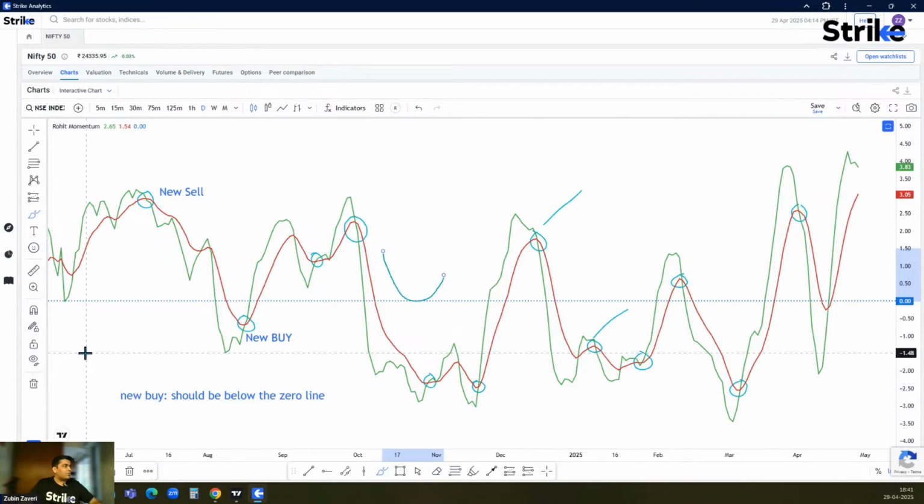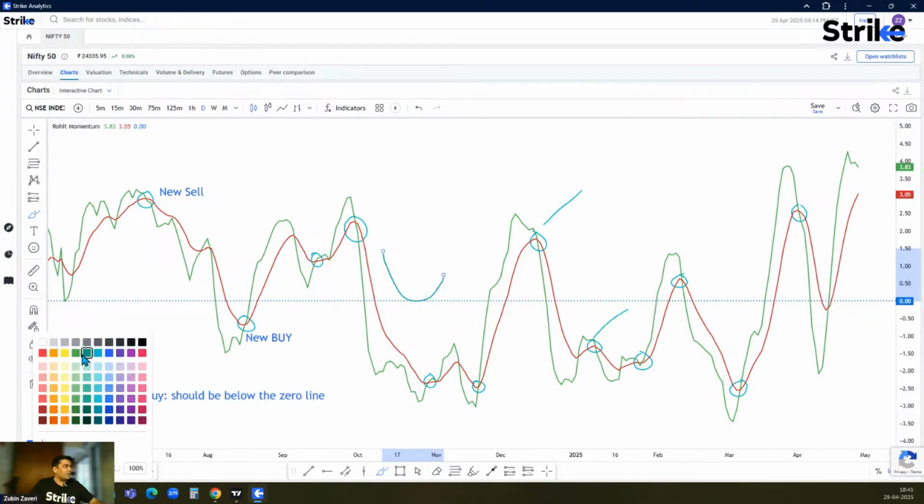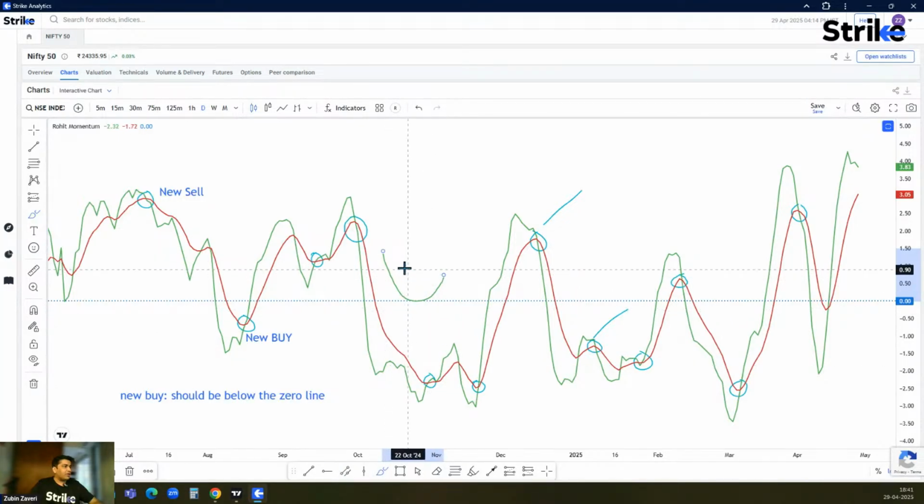let me change the color over here, green. And also let's say something like this over here, and let me change this color to red.